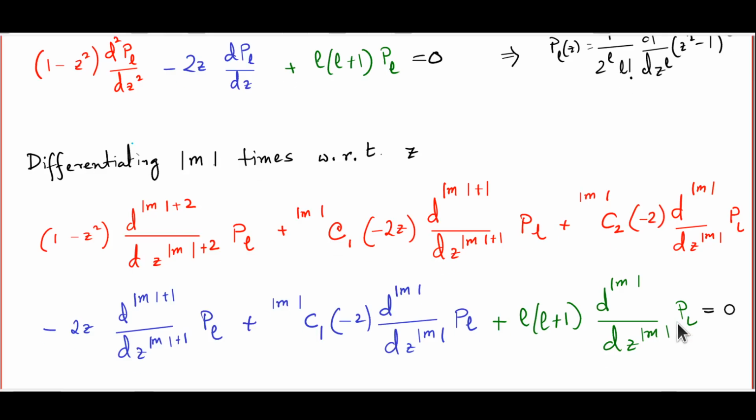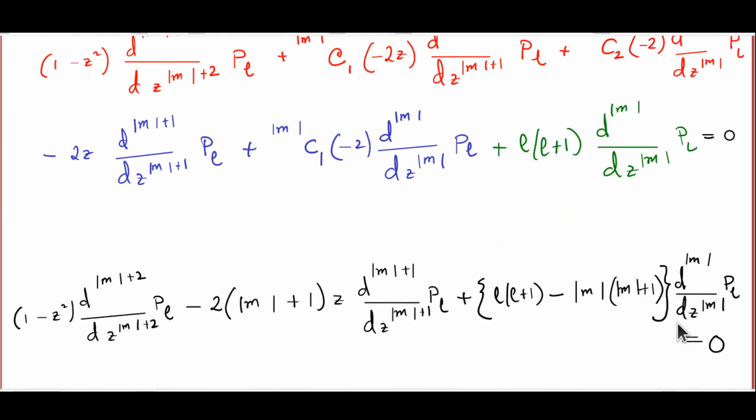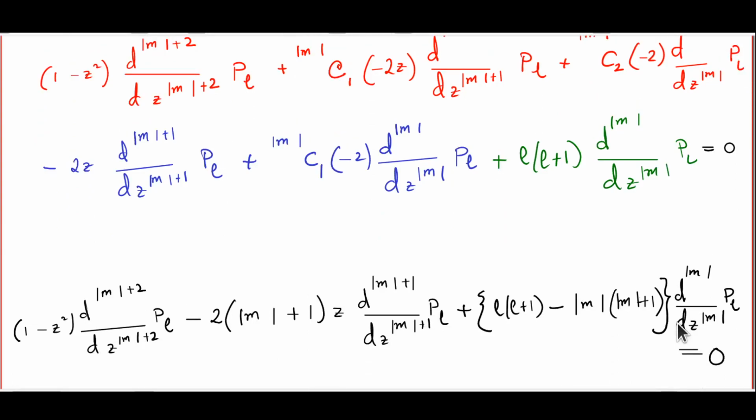Now, if you just combine all these terms together, taking into account the fact that |m| C 1 is of course |m|, and |m| C 2 is |m|(|m| minus 1)/2 and all that, and do a bit of algebra, you will find that the equation now becomes this, and this should begin to look very, very familiar.